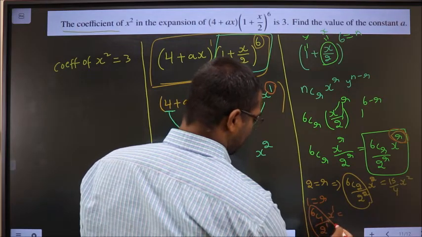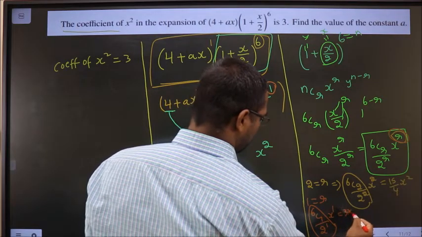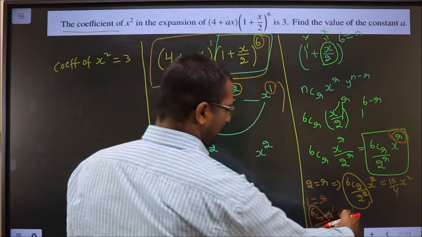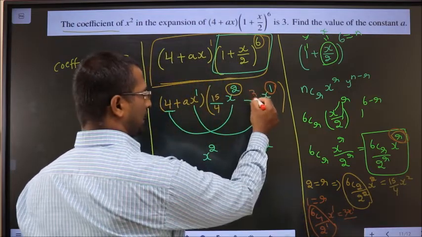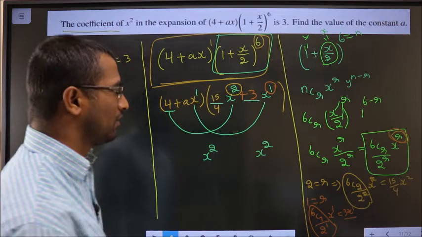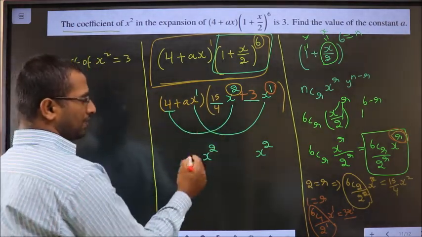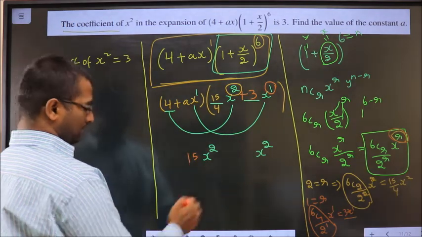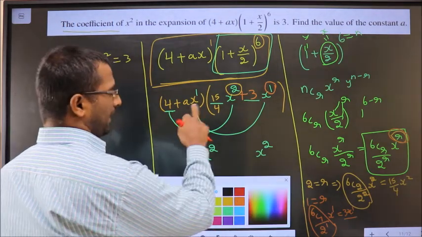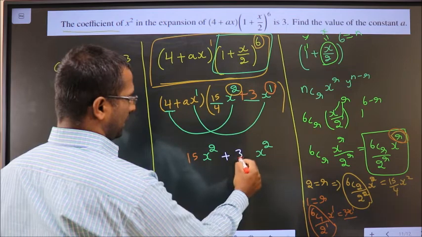If you put this in the calculator, it is 3. So the coefficient of x power 1 is 3 that you write here. Okay. Now multiply. 4 times 15 by 4 will be 15. a times 3 is 3a.